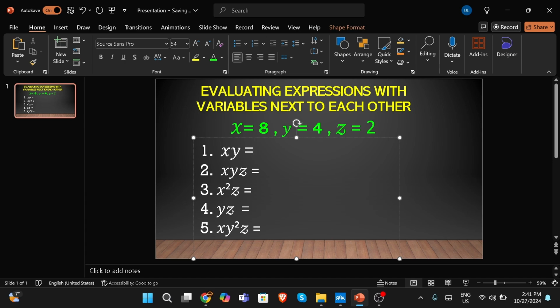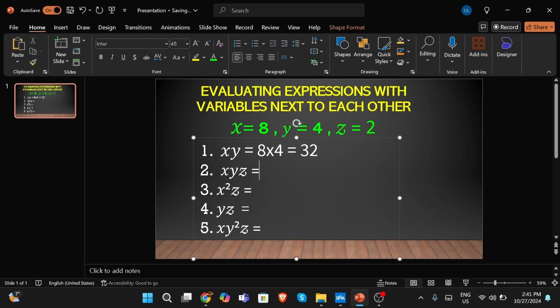The x variable has the value of 8, so we write 8 times 4, which is 32.